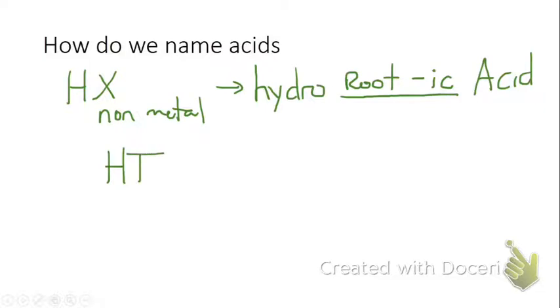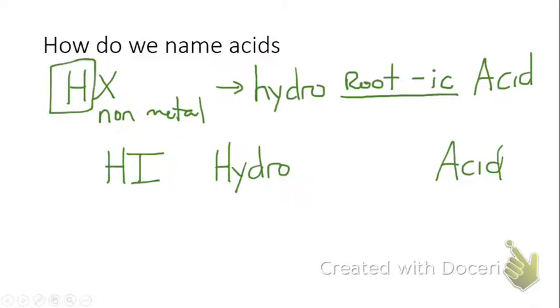Let's look at an example. HI. So, hydro. So we know there's going to be at least hydro and acid. Every time you see an H at the start of a compound, you should always think acid.